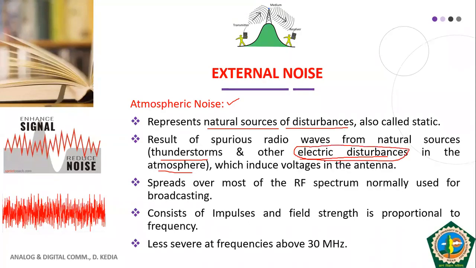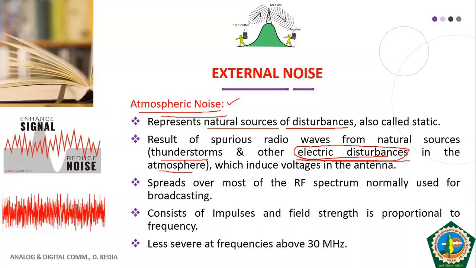When I say noise, I don't mean noise the way we describe it in our day to day life, like some disturbance that we get from music. Here I am mainly concerned with electrical noise, so the atmospheric noise is in the form of an electrical noise signal.